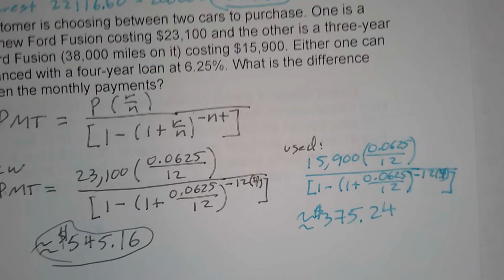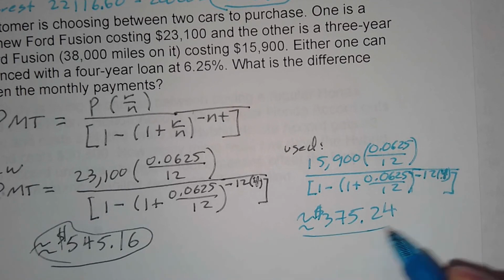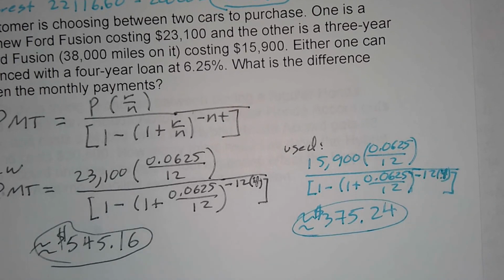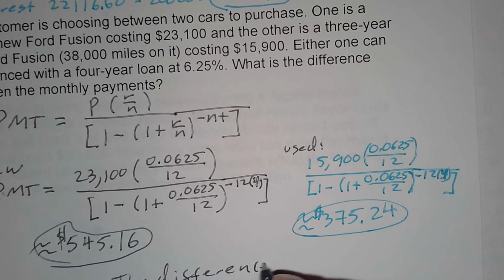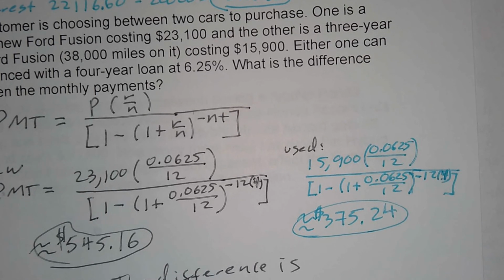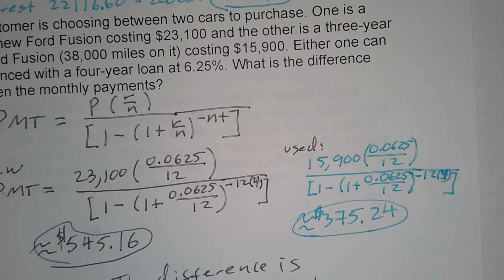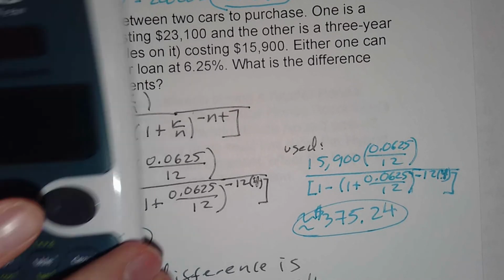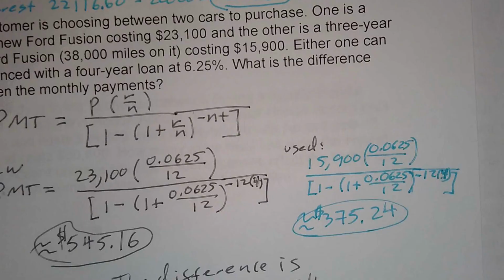So the difference in the car payments then, so here are two numbers we're going to subtract. We're going to subtract $545.16 minus $375.24. So just go ahead and do that subtraction.